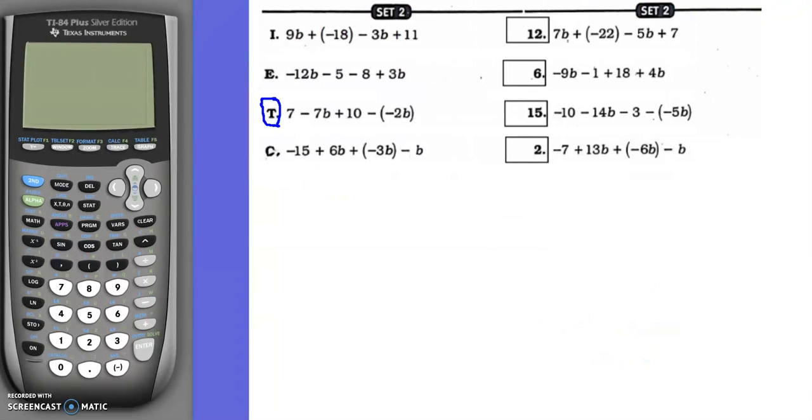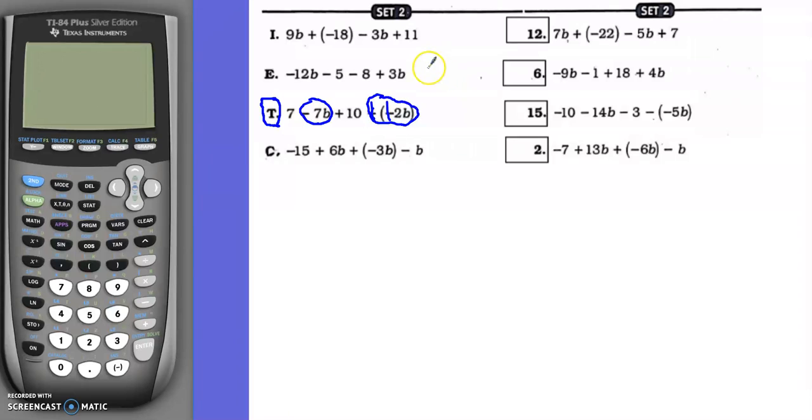On set 2, we're going to do example T. So we have a 7, a negative 7b, a plus 10, and a minus negative 2b. Remember, we're going to add the opposite here. So we have a negative 7b and a plus 2b.